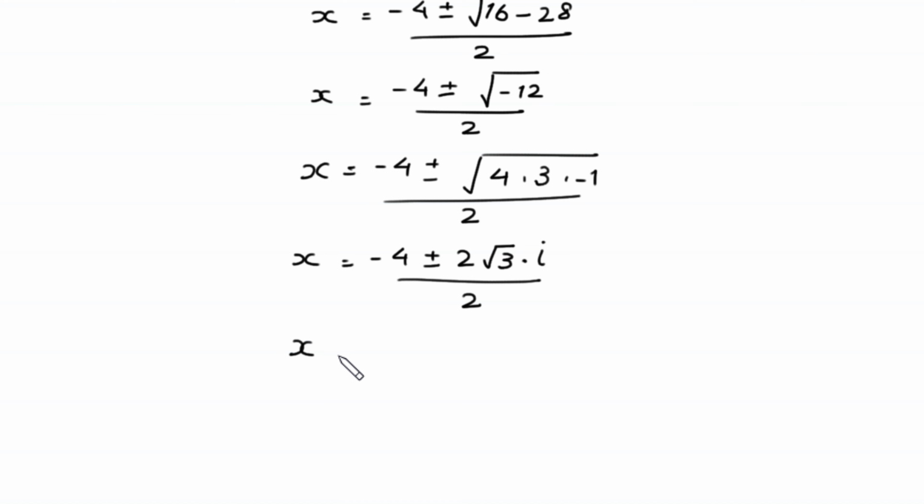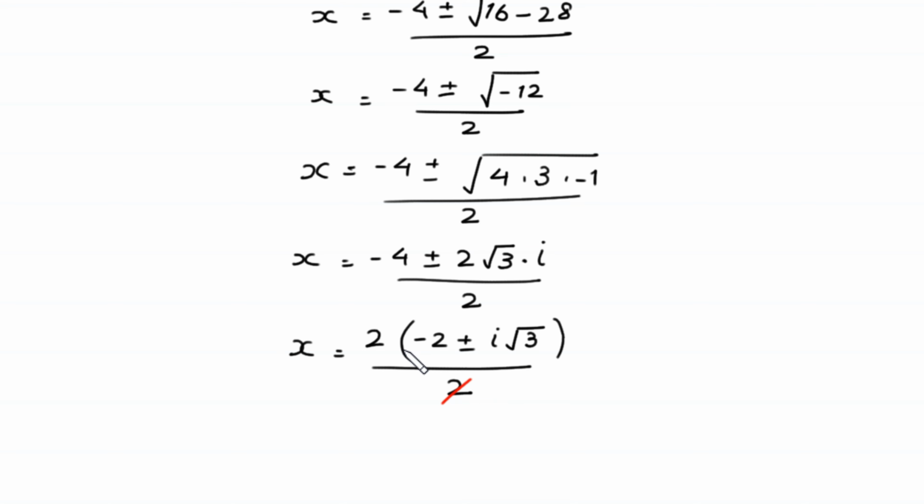Next, x is equal to, now from here we can factor out 2 as a common factor, and in bracket left, negative 2 plus or minus i times square root of 3, divided by 2.